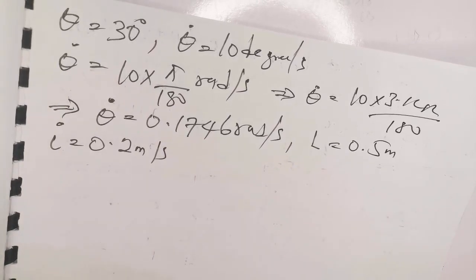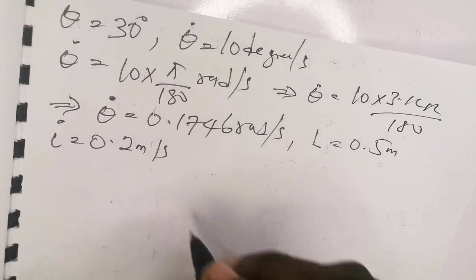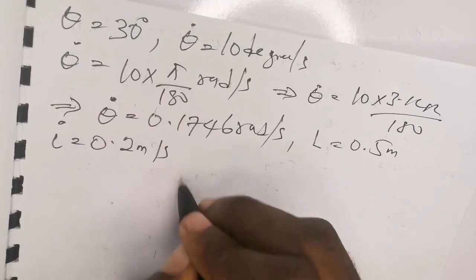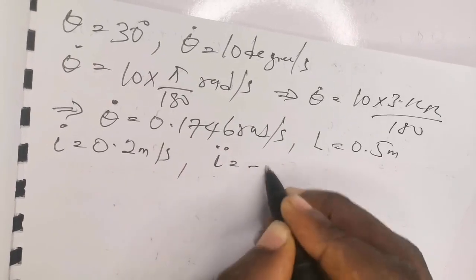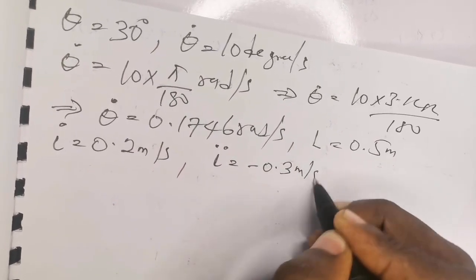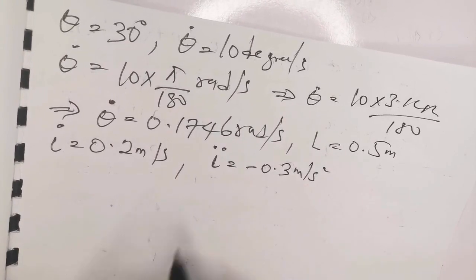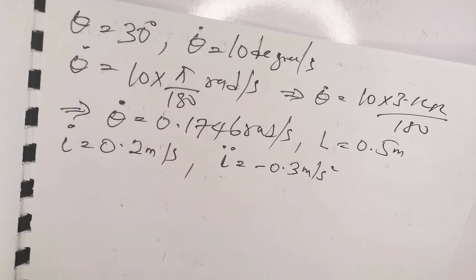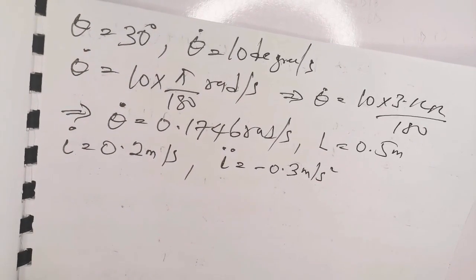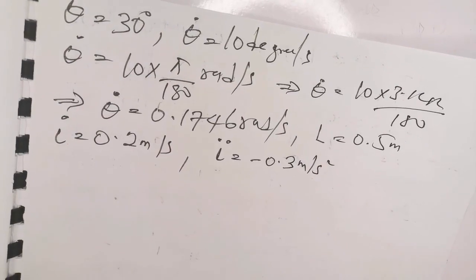You were also given L dot dot to be equal to minus 0.3 meters per second squared. So from the unit, this tells you that this is an acceleration component in meters per second squared. Now you're asked to find the magnitude of velocity and acceleration. That's the first part of the question.